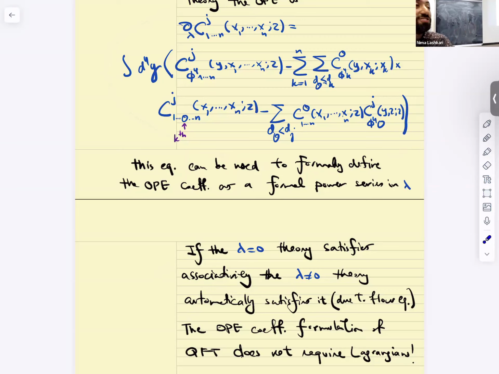This formulation does not require Lagrangians at all. Nowhere in this do we use Lagrangians. So in the derivation of Schwinger-Dyson, you might say, oh, you use these path integrals and interacting theories. Are they really finite? How do you regulate them? All sorts of song and dance, right? Here, you just don't care about any of those.